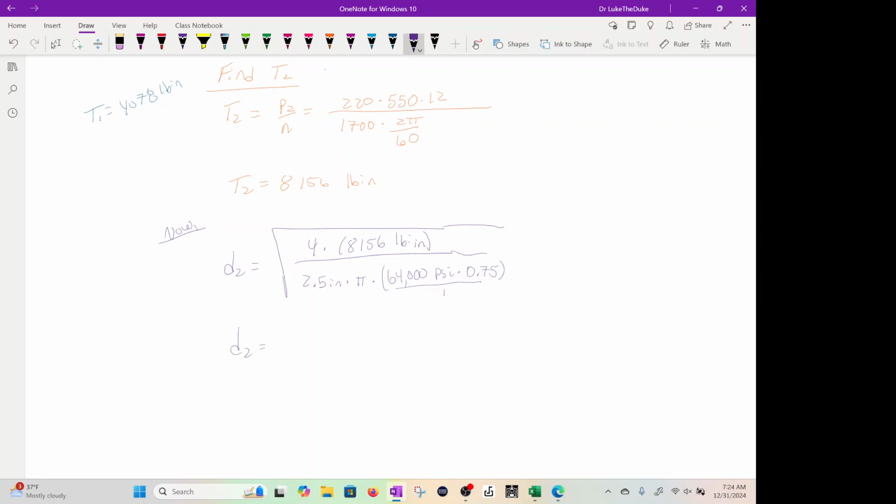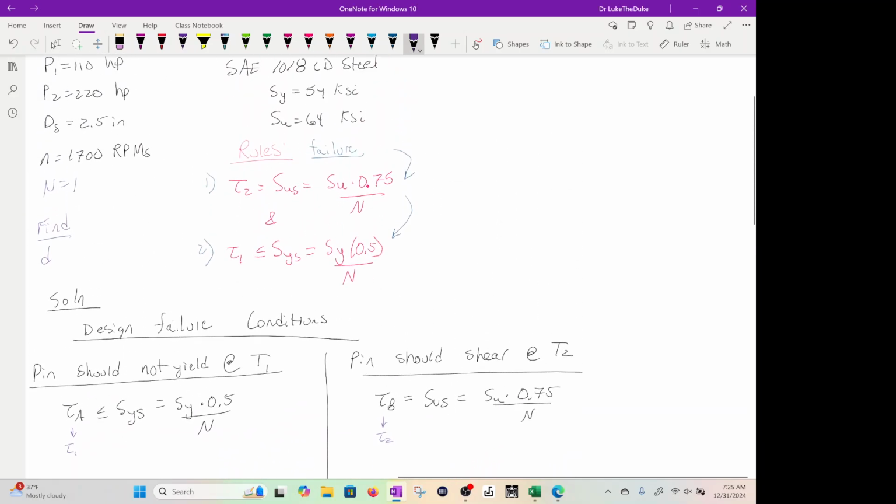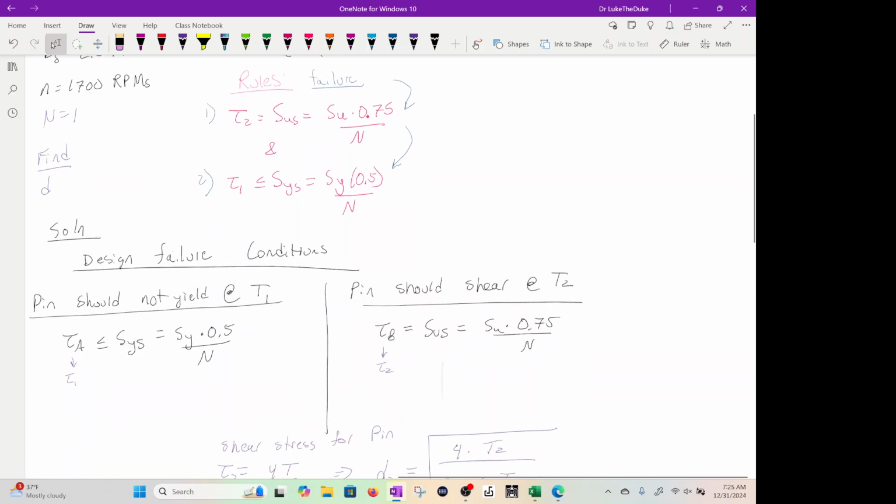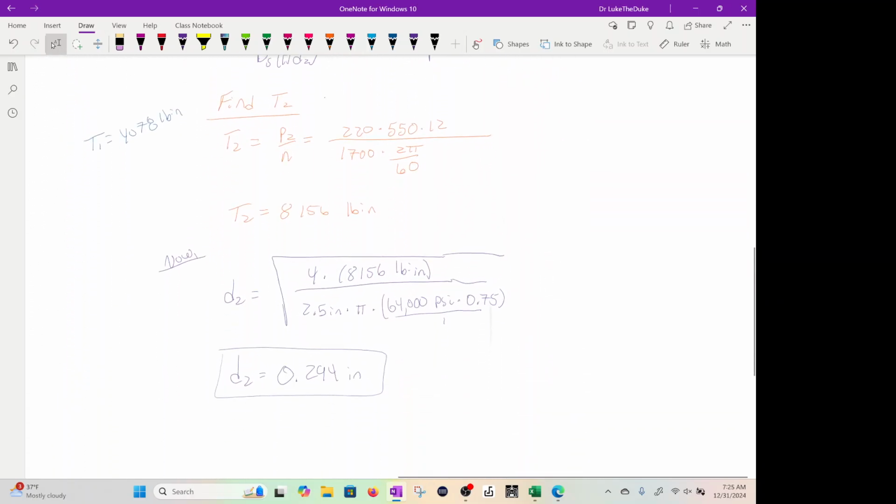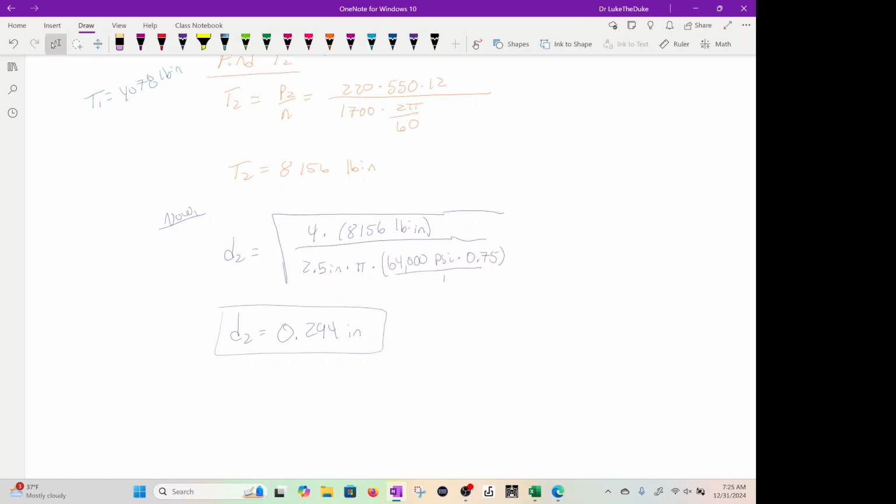The diameter is 0.294 inches. Okay. So using this rule for design factor up here, where you take your ultimate stress times 0.75 over your design factor, so it'll shear, then this is the diameter that you need.